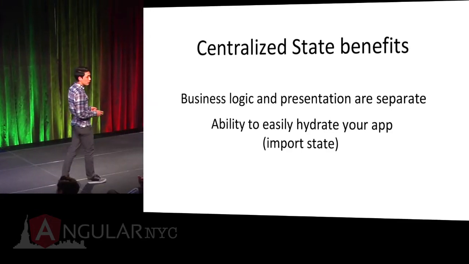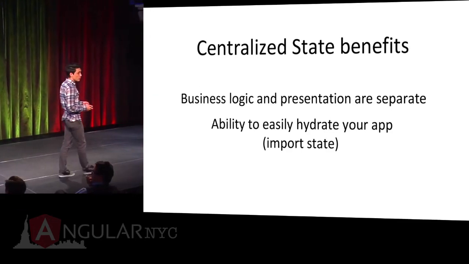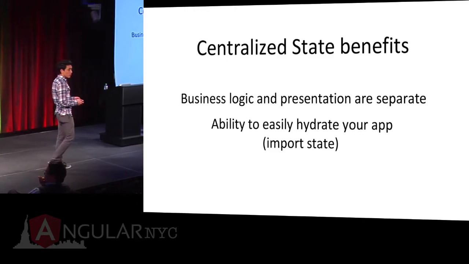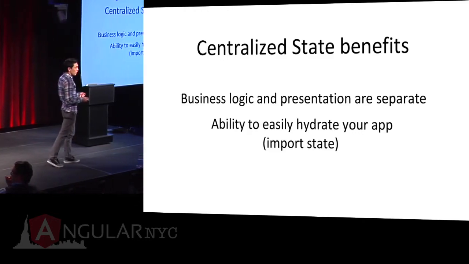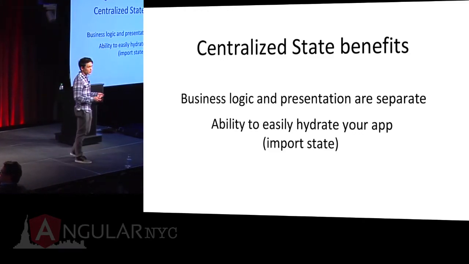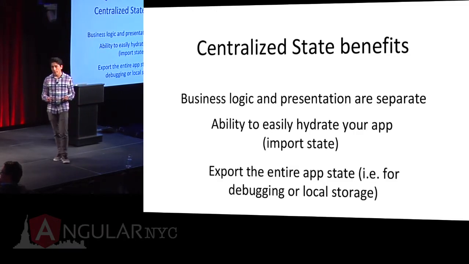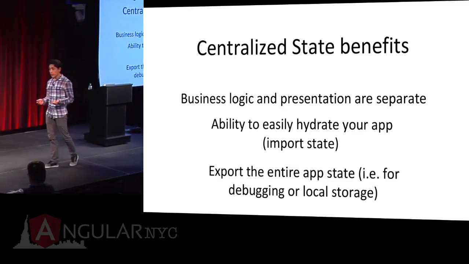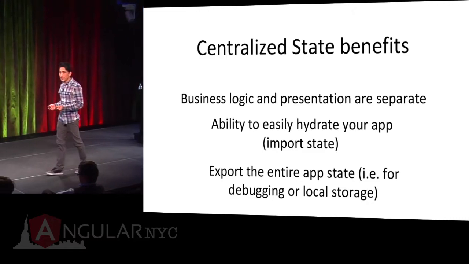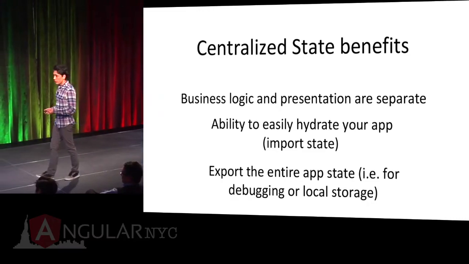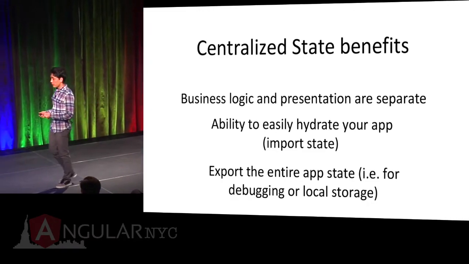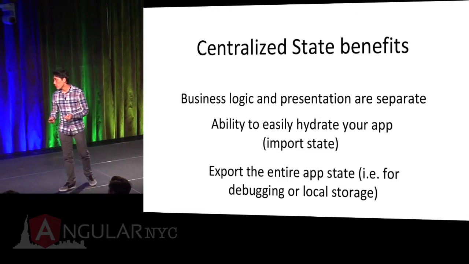Another benefit is the ability to easily hydrate your app with data, or import state, you can say. It also allows you to export the entire app state as an object if it's serializable.